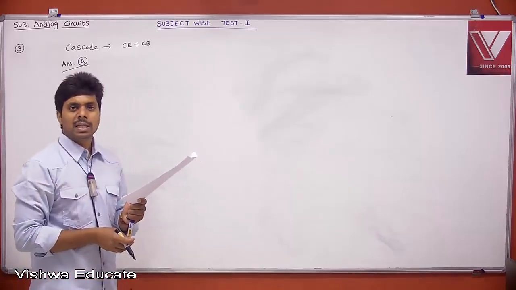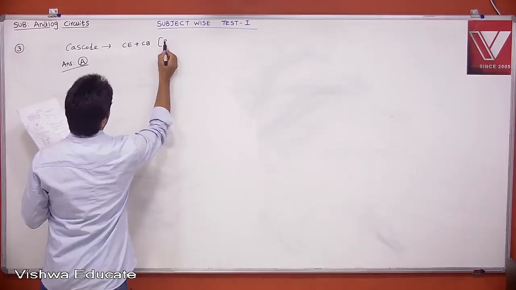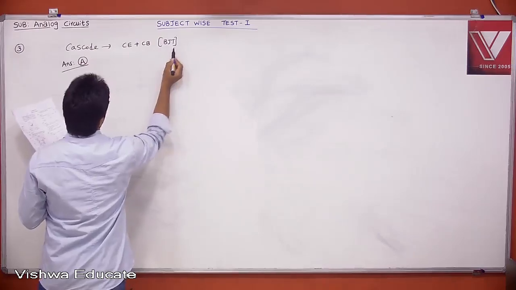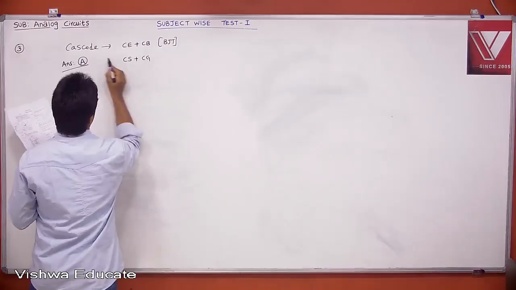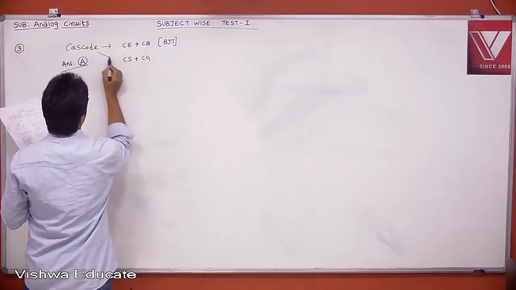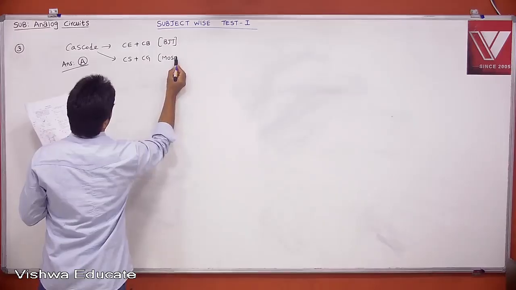That is in the case of BJT. Now in the case of MOSFET, what is that cascade? Common source plus common gate. This is also called cascode only. I already told, right?